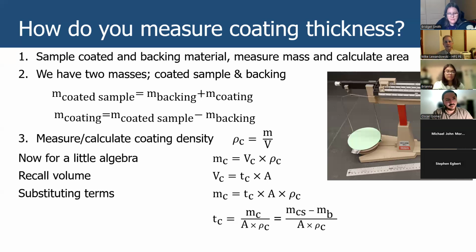So let's go back to the very beginning of adhesive tape. Adhesive tape was developed in the 1920s and 1930s. So 100 years ago, adhesive tape was developed. At this point, the way to measure the thickness of the coating was that you would start with whatever your uncoated material was.